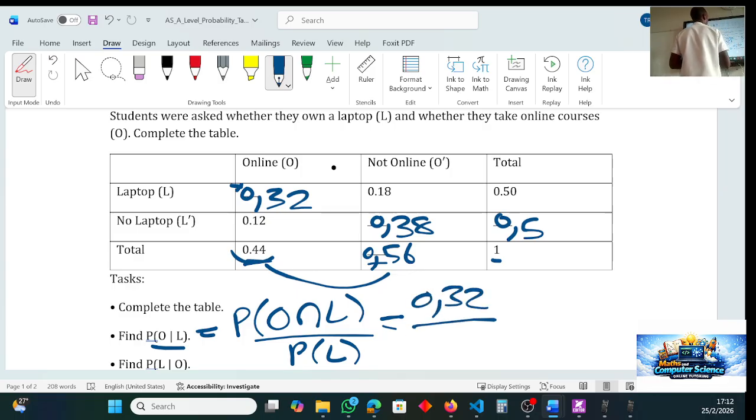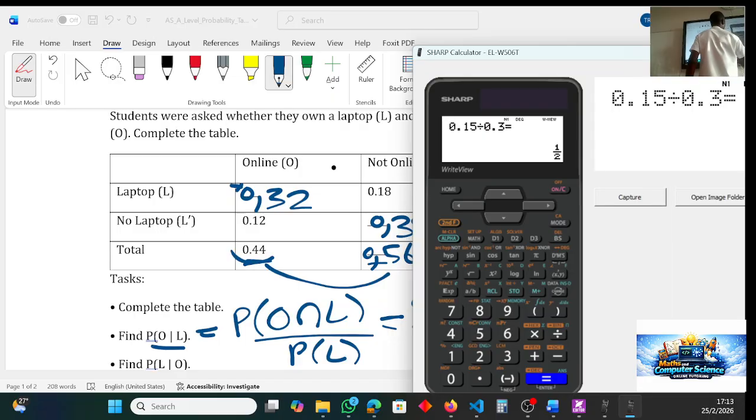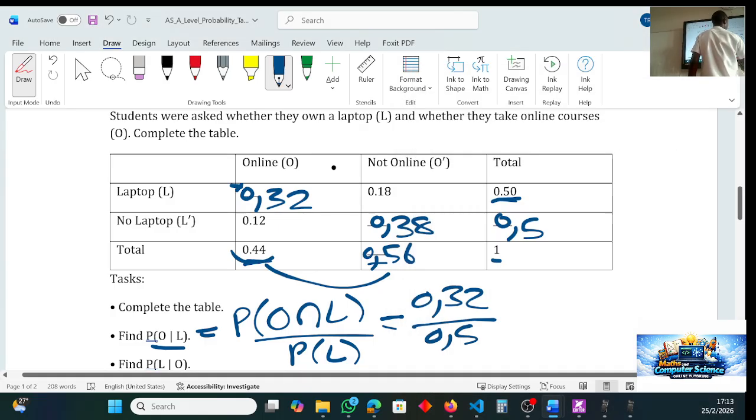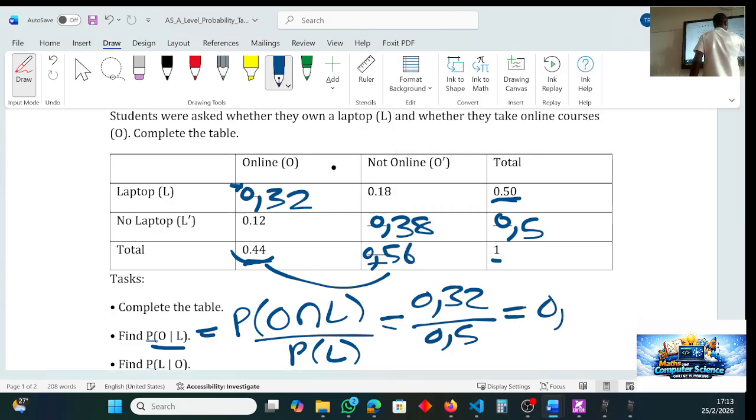On my denominator is the probability of L, which is the total in the row L, so that will be 0.5. I'll need a calculator to simplify this. 0.32 divided by 0.5 gives us 16 over 25, or 0.64. So this simplifies to 0.64.